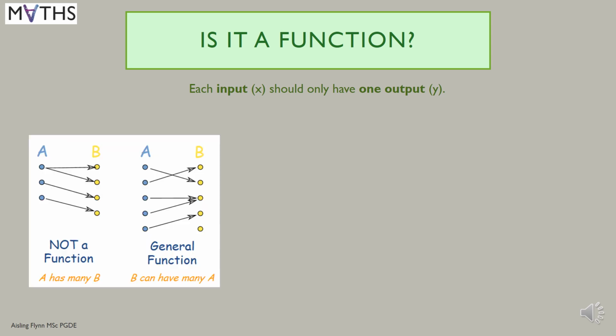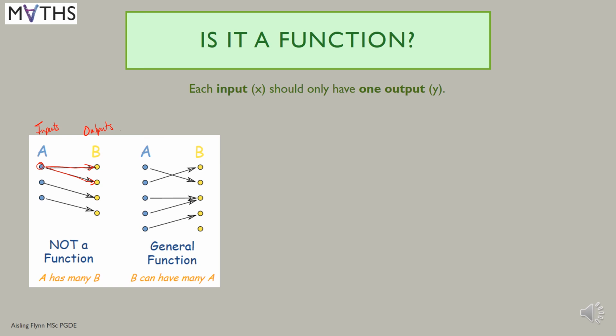So what we see here are diagrams, and our inputs are set A and our outputs are set B. They may be numbers, they may not, it may be something else. The first one says it is not a function, and what is the reason? It's because this input here sometimes gives you this result and sometimes gives you this result.